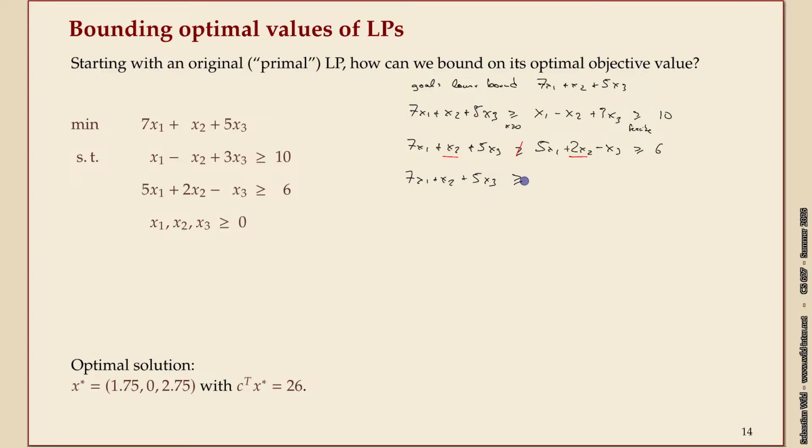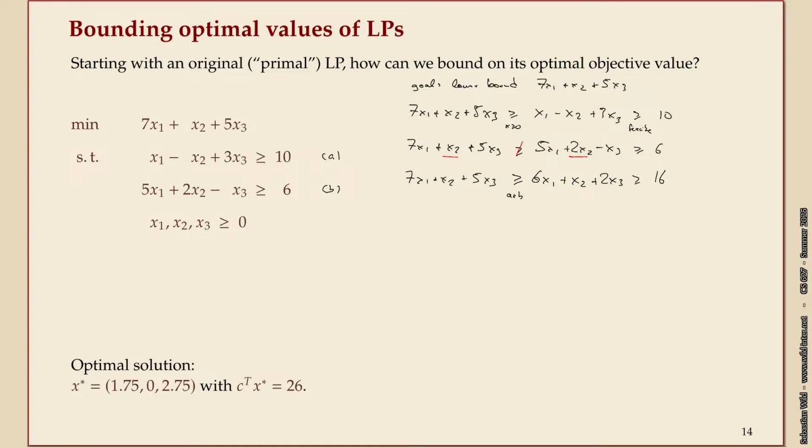So I can take the sum of the two constraints. Let's call them A and B. I'm doing A plus B. Then I get 6x1 plus x2 plus 2x3, and the sum of the right-hand sides is 16, which is better than my 10 from before. So I've made some progress. Aha, so how far can I push this?